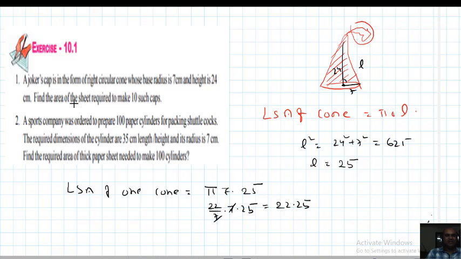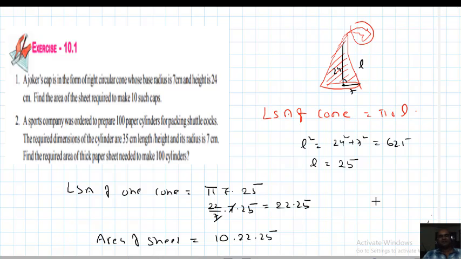So what you want, find the area of the sheet required to make 10 such caps. Here the shape of the sheet is not mentioned, you just want to assume that the area of the sheet is nothing but 10 times the area of each cone. Area of the sheet equal to 10 into 22 into 25.